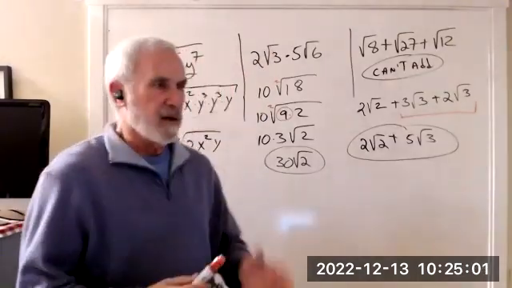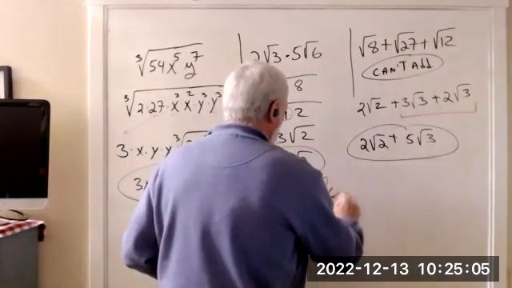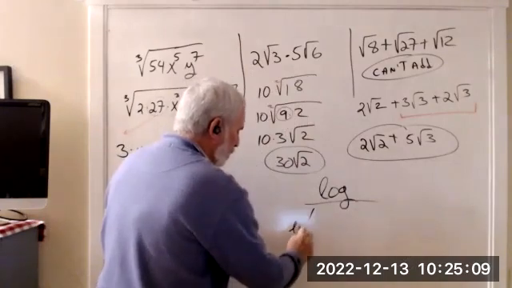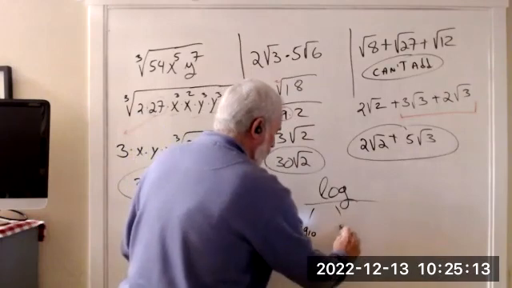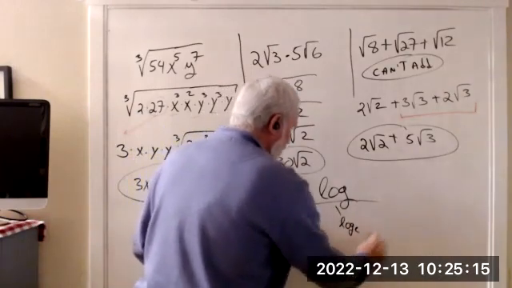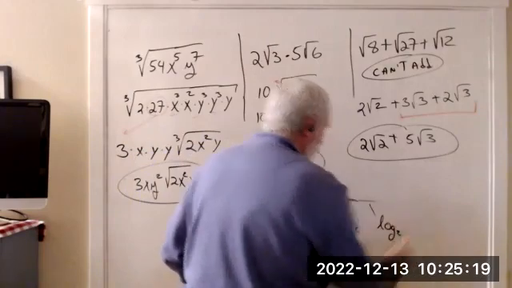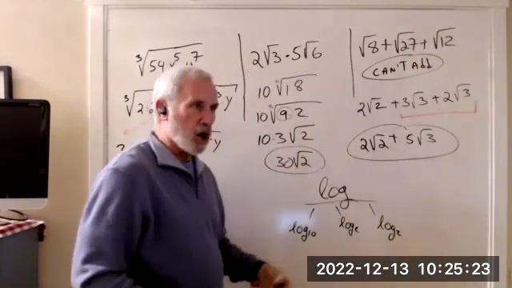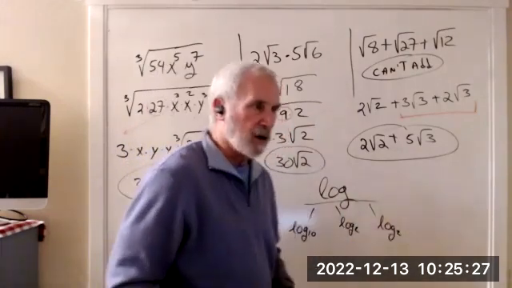The advantage of using ln. First off, the whole big topic is called logs. There's log base 10, there's log base e, there's log base 2 if you want. When we say logs, we mean any of these that you want.